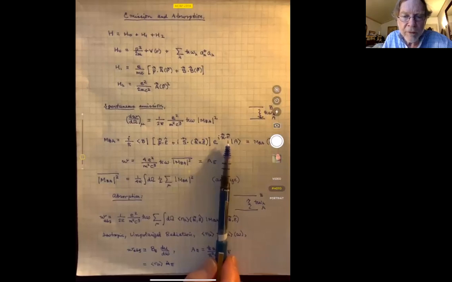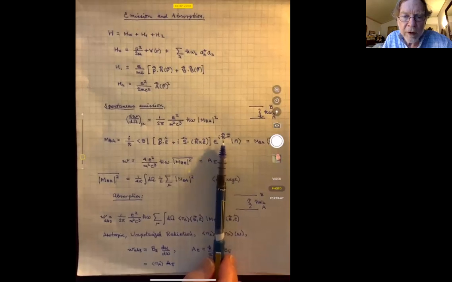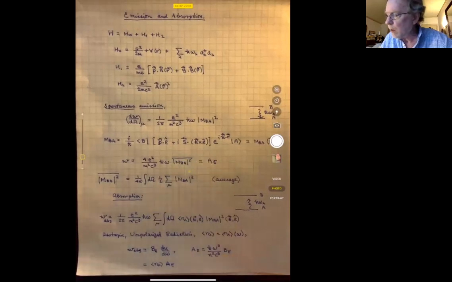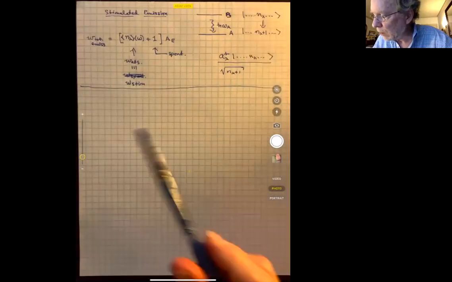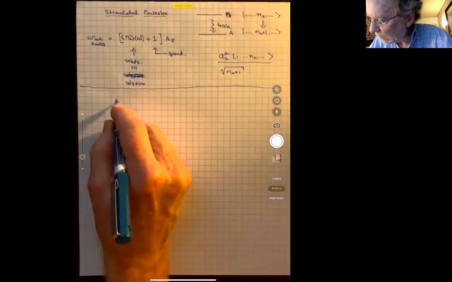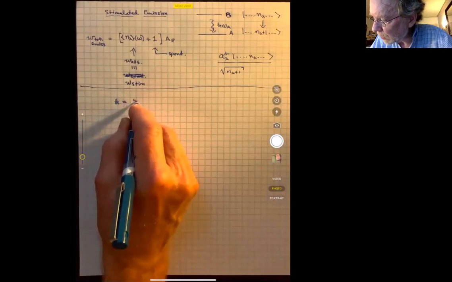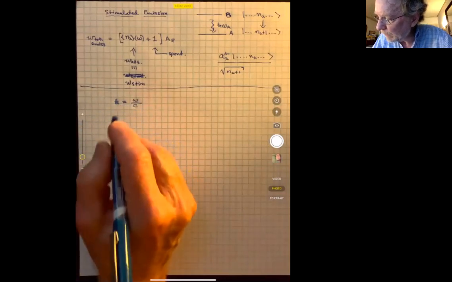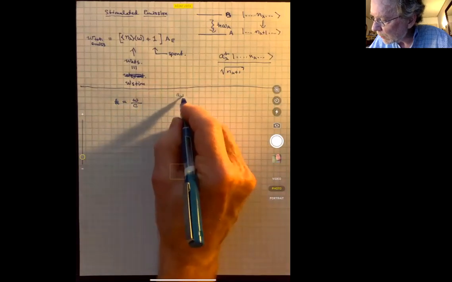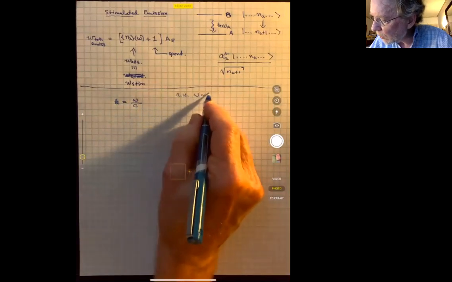The thing which is not of order 1 is the wave vector k, the wave vector of the photon. So let's analyze that. The wave vector k, if I just leave the vector sign off, is of course equal to the frequency omega divided by the speed of light. Now in atomic units, the frequency omega is of order unity.